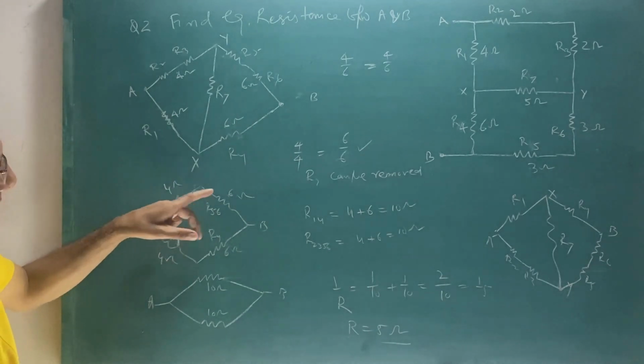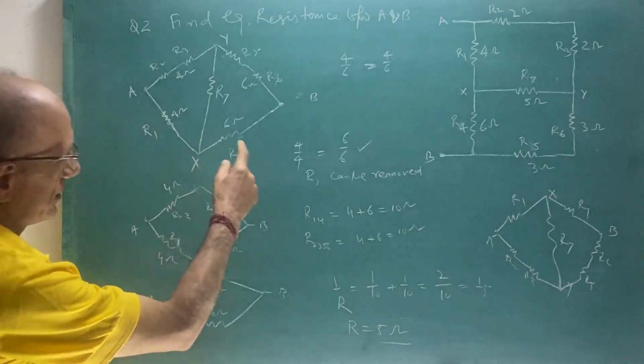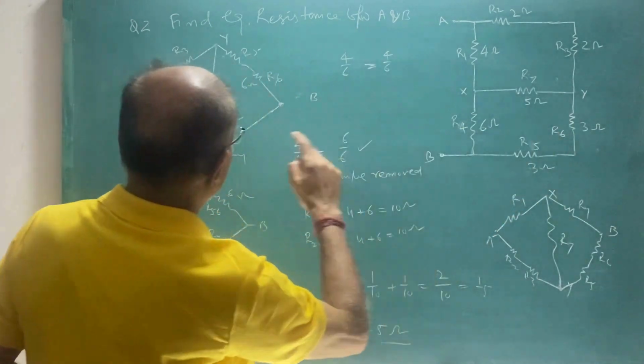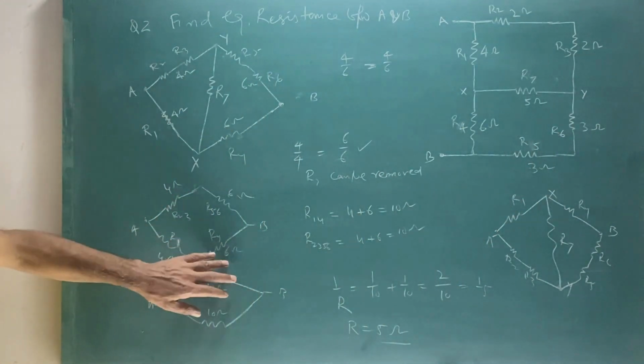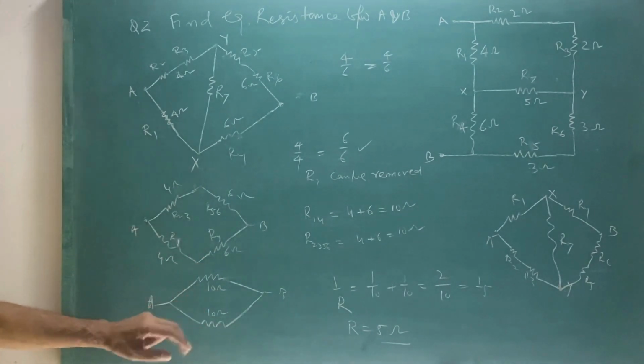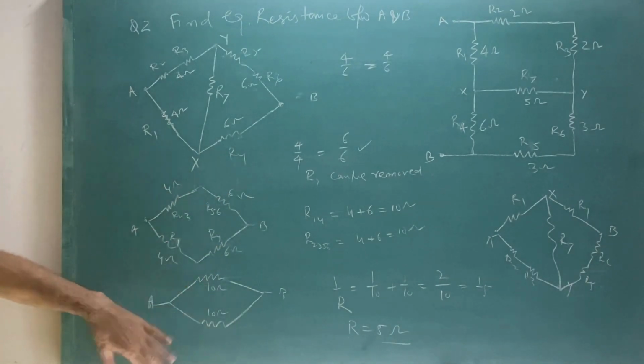And here it is 4 and again this is these two plus 6 ohm. Now it is 10 and 10, 4 plus 6 series. This is also 6, 10, and then they are in parallel.